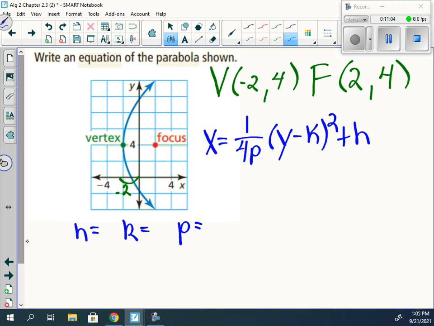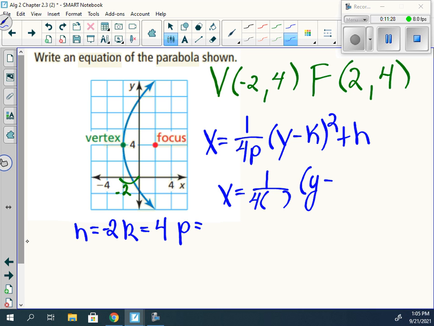What is the value of h and k? H is, and k is 4. Do we know what p is yet? No? Well, we can go on and plug in what we do know, 1 over 4. Since we don't know what p is, we can leave it blank.